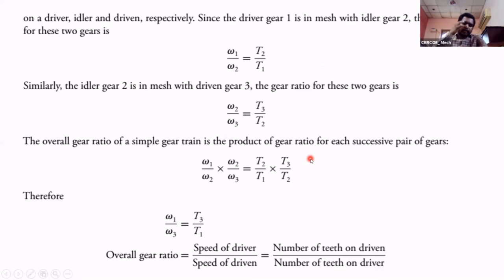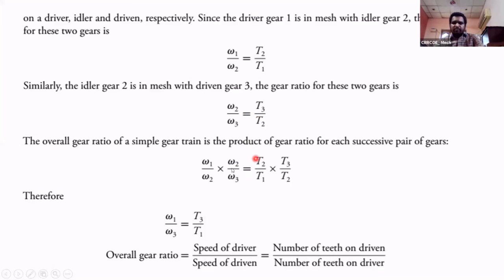Here we have to calculate the overall gear ratio. This is the gear ratio between the first wheel and second wheel. The angular velocities of the first and second wheel depend on the teeth on the wheels. So omega 1 by omega 2 is equal to T2 by T1, and for the second and third gear, omega 2 by omega 3 is equal to T3 by T2.